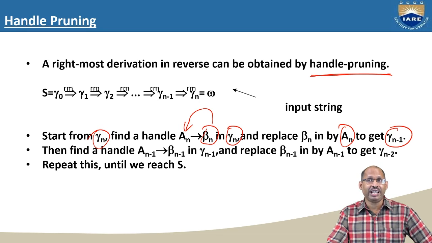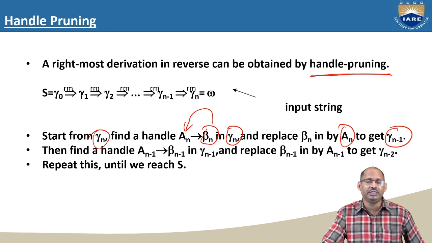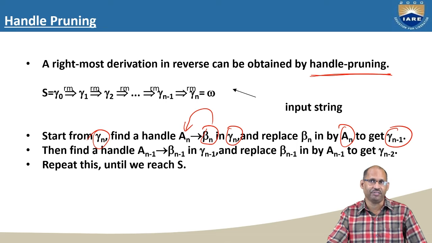It means we find a handle such that we go to the previous step in the rightmost derivation.